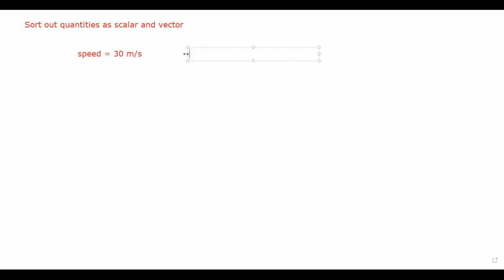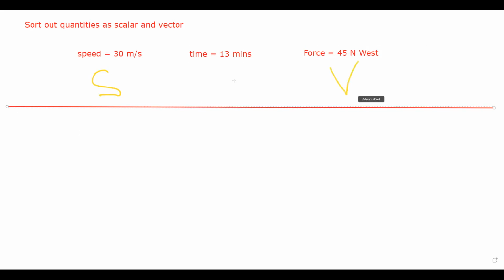Speed, scalar or vector. Time, 13 minutes. Force, 45 Newton west. Below you can write scalar or vector. What about others?